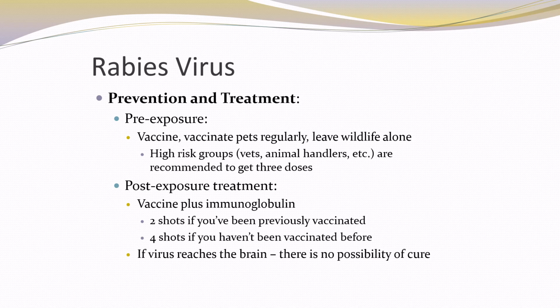However, if you're someone like me who is a teacher, you probably don't work with animals like that, so you wouldn't have a need to get the rabies vaccine. So just essentially high risk groups, people who handle animals. Now, there is a post-exposure treatment where if you've been previously vaccinated, it's only 2 shots. If you've never been vaccinated before, it's 4 shots.